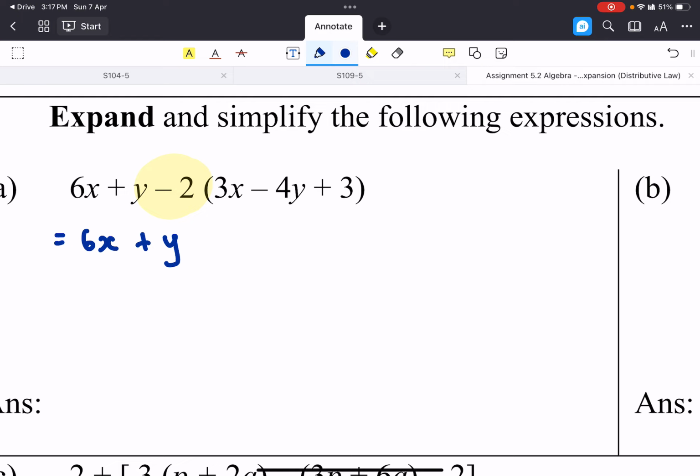So negative 2 times 3x gives us negative 6x. Negative 2 times negative 4y is a positive 8y. And negative 2 times positive 3 is a negative 6. So from here, 6x minus 6x, we do not have any more x's. Then we have 9y's. And then we have 6 on this one. So that's the simplest form.